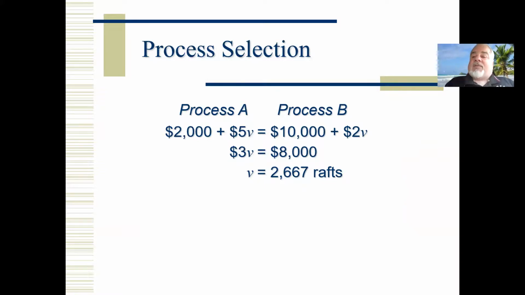So the next thing we have to look at is process selection. Maybe I have choices. I'm going to make those rafts, and I can use a $2,000 setup machine, or I can do a $10,000 setup machine. The $10,000 setup machine sounds really good. This guy comes in and tries to sell you on this batch processing machine that will help you manufacture these rafts that your company makes.